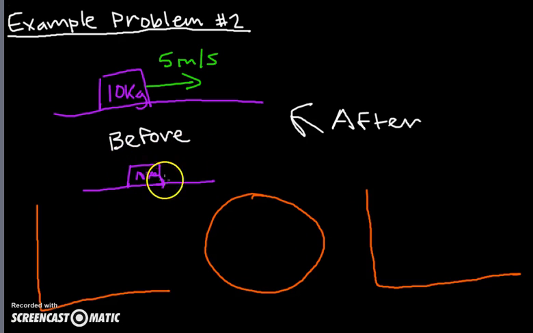Our system in this problem is just going to be the box for right now. Eventually you are going to deal with more complicated systems, but for right now, let's just start simple. We're only going to be dealing with the kinetic energy of this box, so I'm just going to label kinetic energy on each of my axes and not worry about the potential for right now.